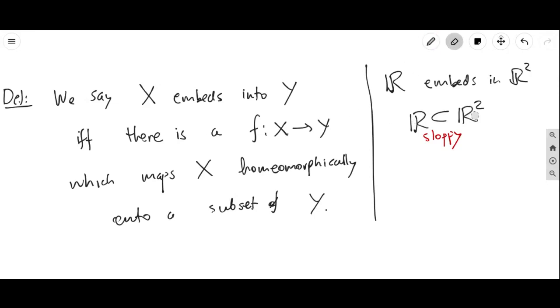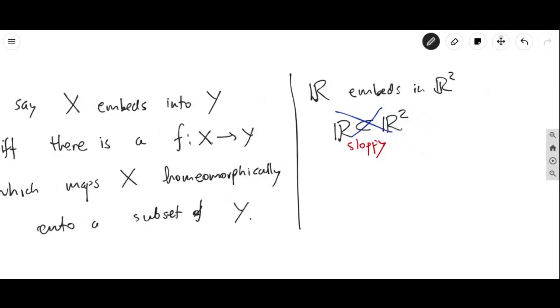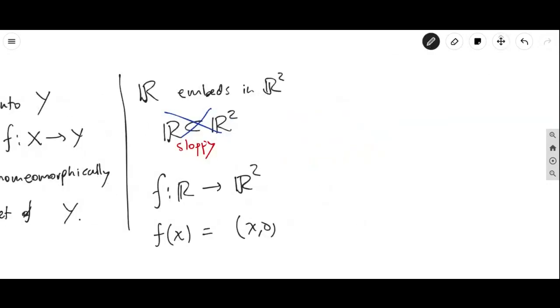Technically, R is not a subset of R2, because this consists of real numbers, this consists of pairs of real numbers, so technically this is not correct. But what people mean is there's a map from R to R2, and it can be like this. Let's say f of x is equal to (x, 0). That's one way to do it. And then you are embedding the real line in the real plane by mapping it to that subset.